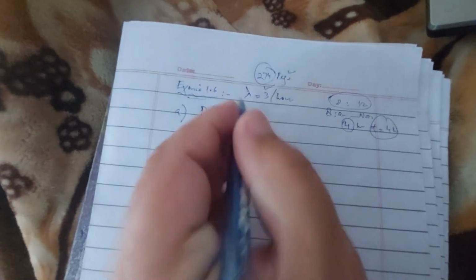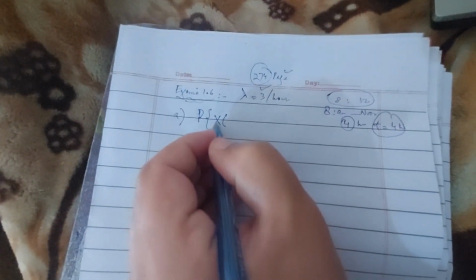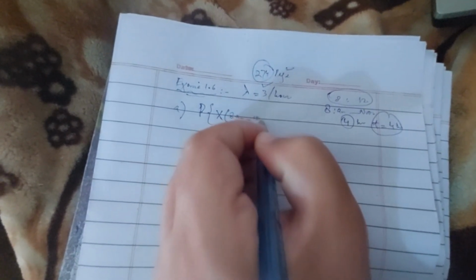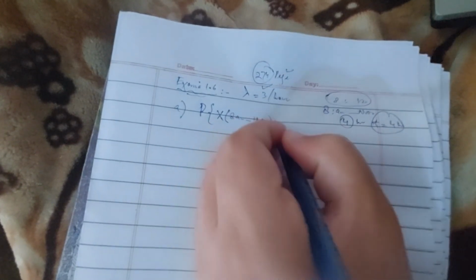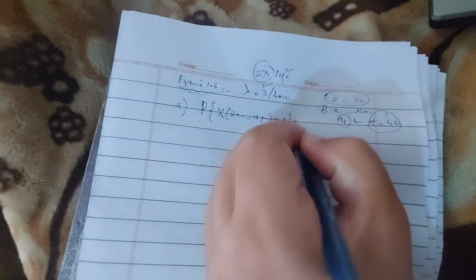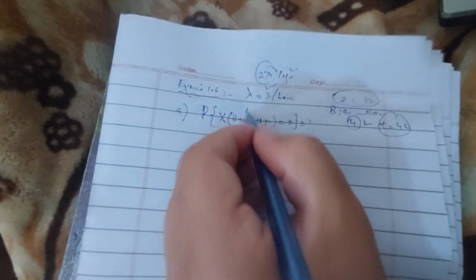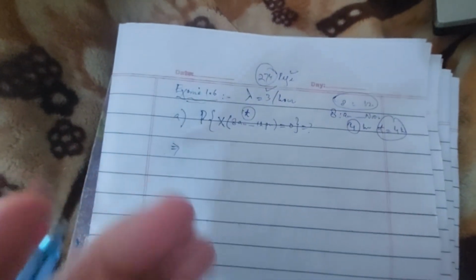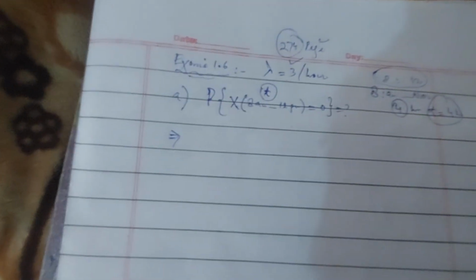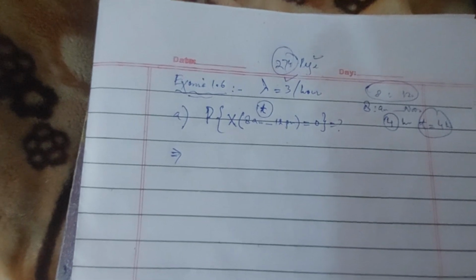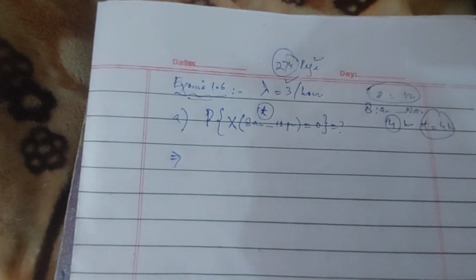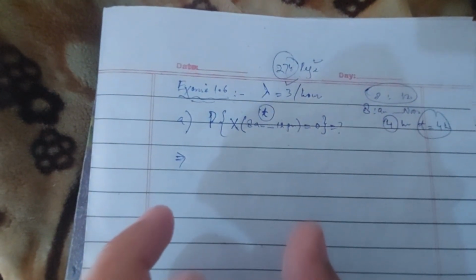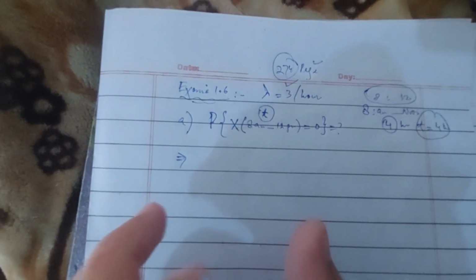So 8 a.m. to 12 p.m., actually this is equal to 0. We need to find this. This is the time frame. Earlier we used only one time frame, but here we have a specific time frame of a few hours.